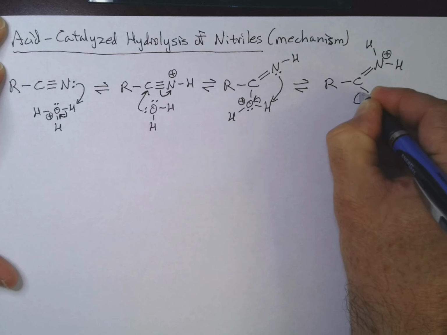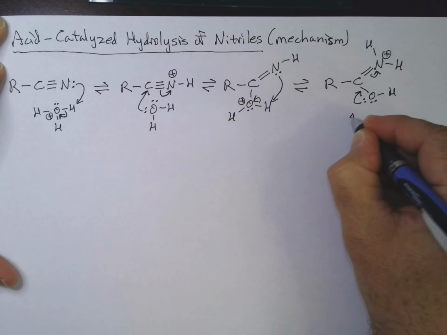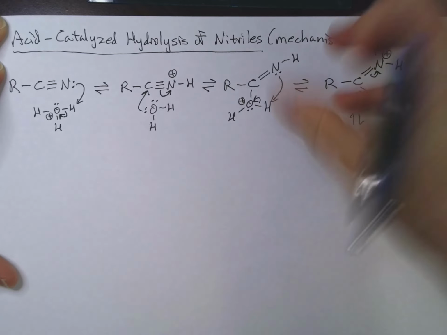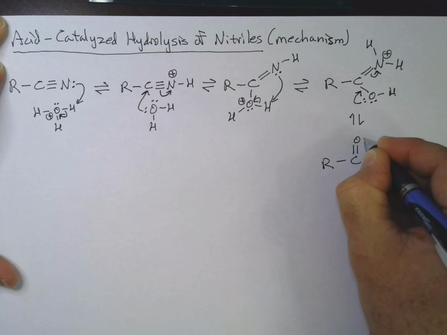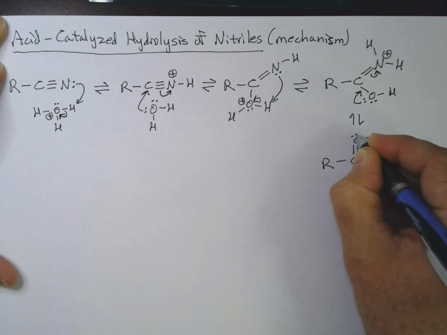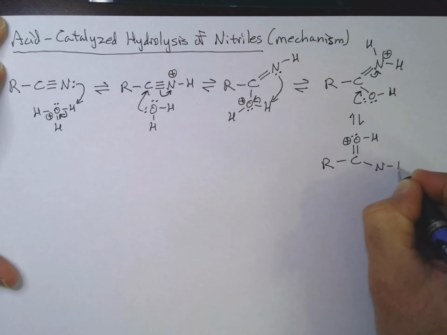Now I can go ahead and push electrons, and I'm going to flip this guy over, so I'm going to get RC double bond OH positive charge, and then NHH.